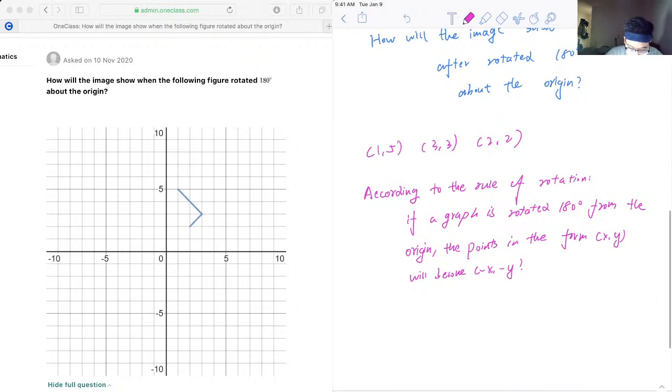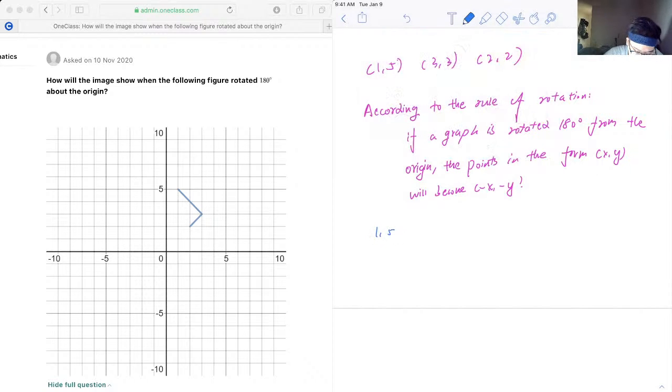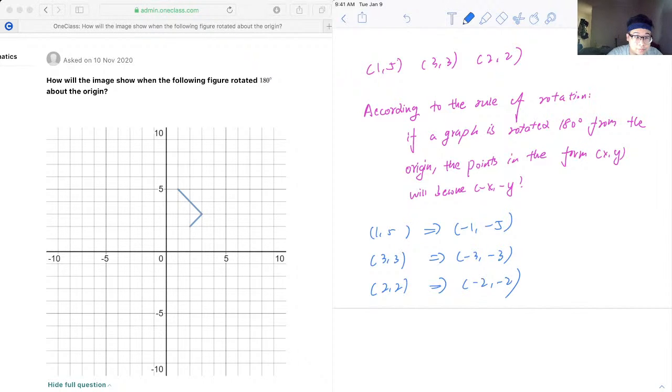Okay, so therefore 1, 5 becomes negative 1, negative 5, and 3, 3 becomes negative 3 and negative 3, and same thing for 2, 2. So 2, 2 becomes negative 2 and negative 2.